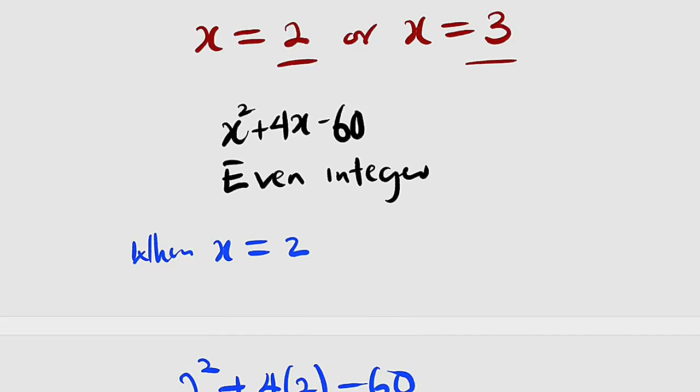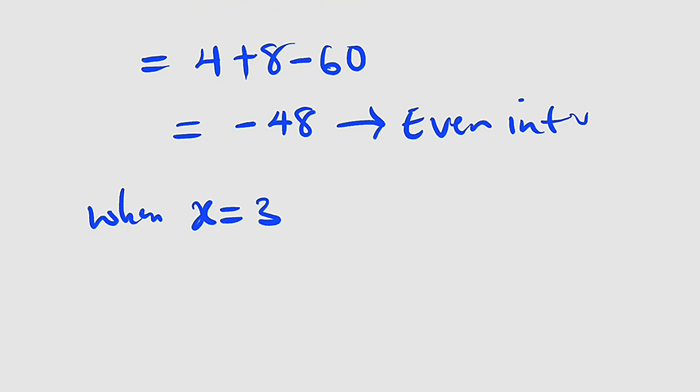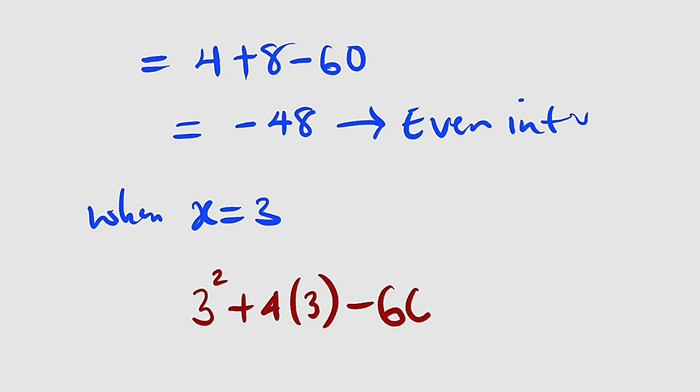Then when x is equal to 3, what do we have? We have 3 squared plus 4 multiplied by 3, then minus 60.